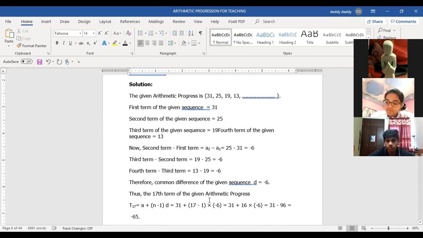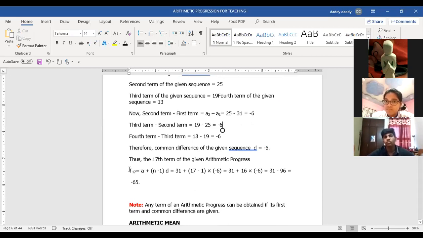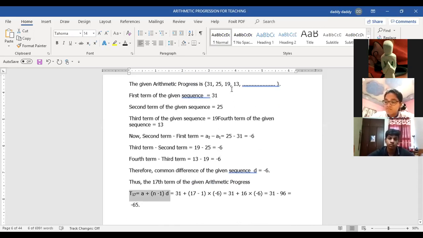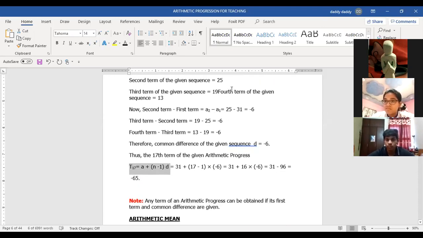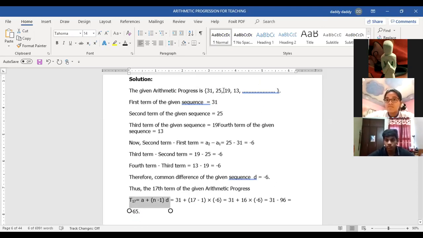Now the 17th term. Again, I apply the formula: T17 is equal to A plus N minus 1 into D. A is actually A1 over here, that is your first term. You see, the sequence is 31, 25, 19.